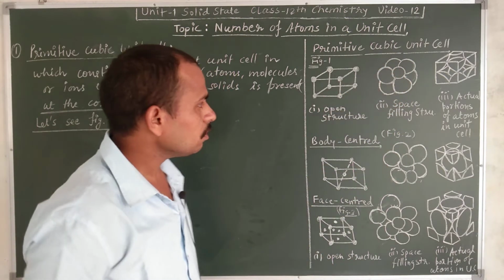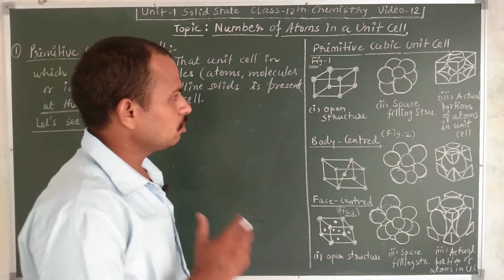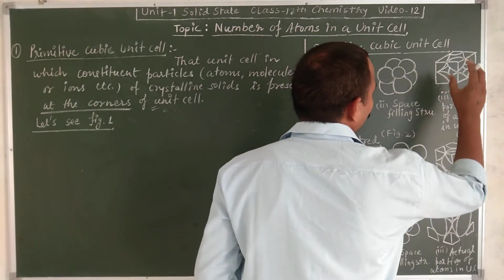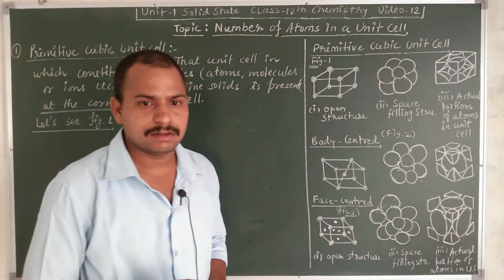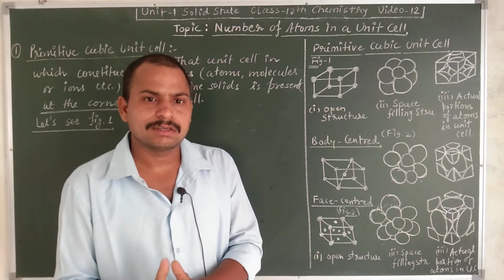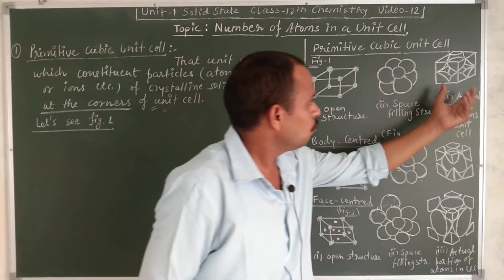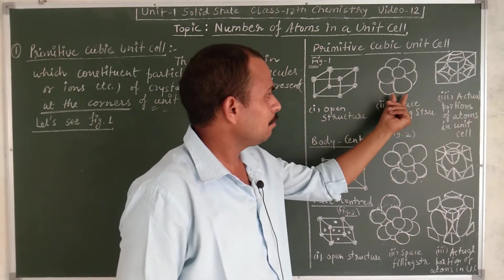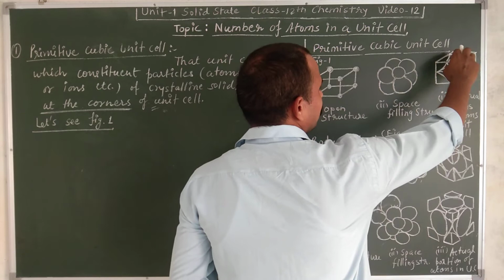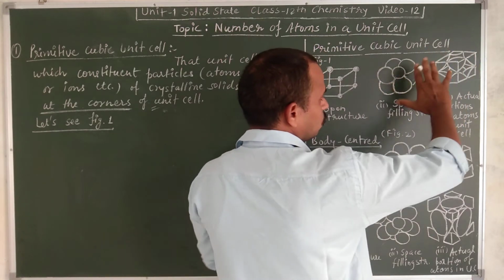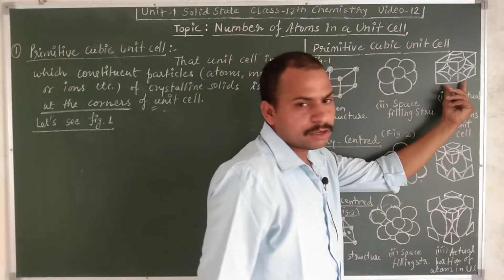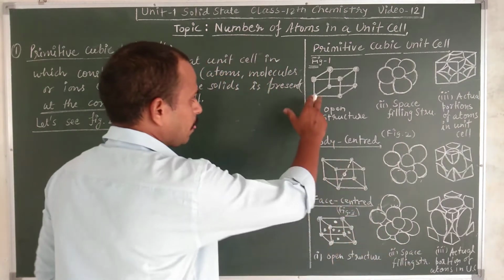So this is the space filling notation for the primitive cubic unit cell, and this is the actual portion of atoms in the unit cell. Inside the unit cell, how much portion of atoms is included, this structure shows. Here this is a 3D diagram, but inside a unit cell, the rest of the part is removed, the part that is outside the cubic unit cell. So let's discuss this.